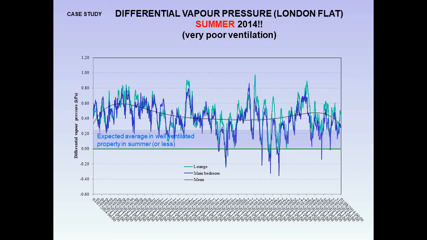Even in the summer, the differential vapour pressure was high, varying between about 0.6 and 0.4 kilopascals differential. Expected ventilation in a well-averaged property is probably around 0.2, possibly a bit more, but this was much, much higher. But in the winter, I'm sure it would have been a much greater problem.